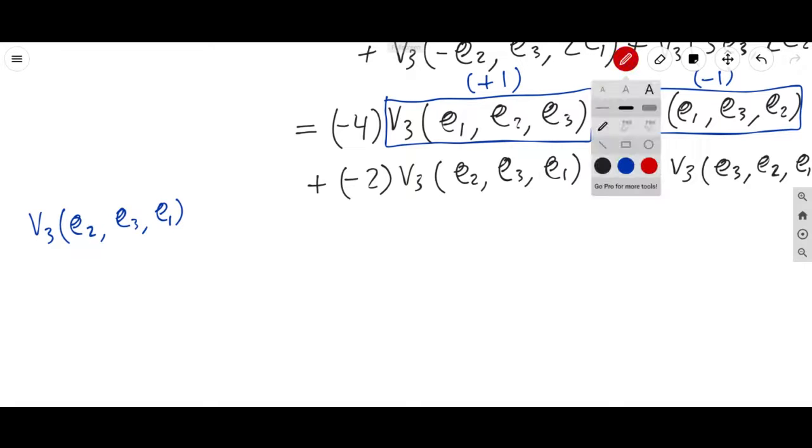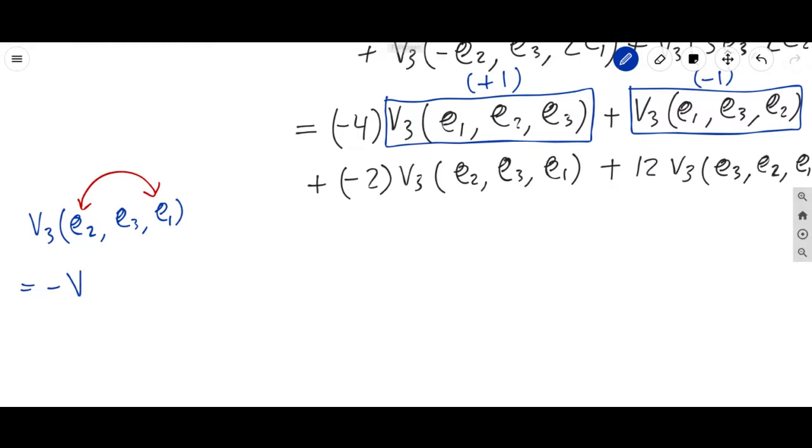So sometimes you have to do multiple flips. So let's see what happens here. We can change these two around. There is more than one way to do this, by the way. I'm not saying this is the only way to do it. And if you flip those two, then you get negative V3 of E1, E3, E2.